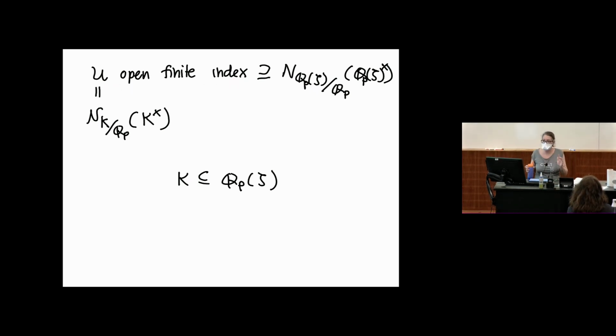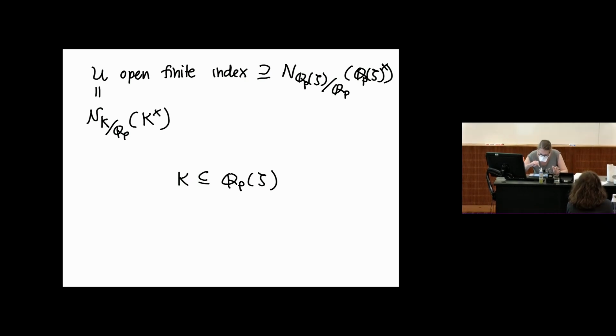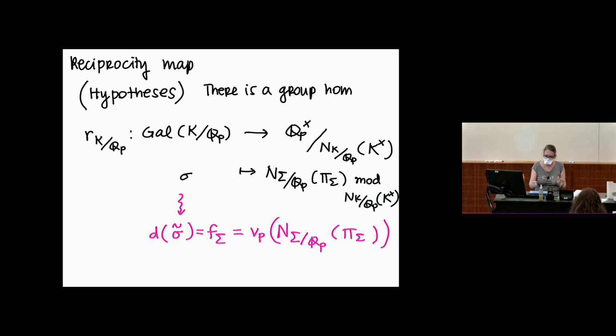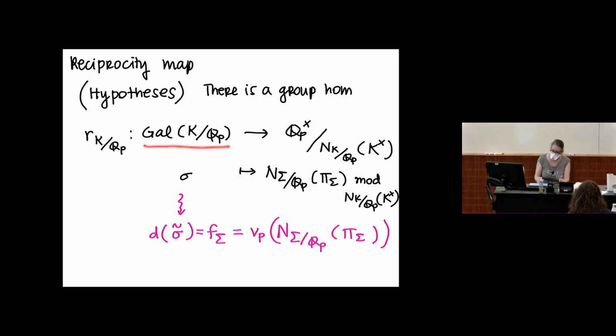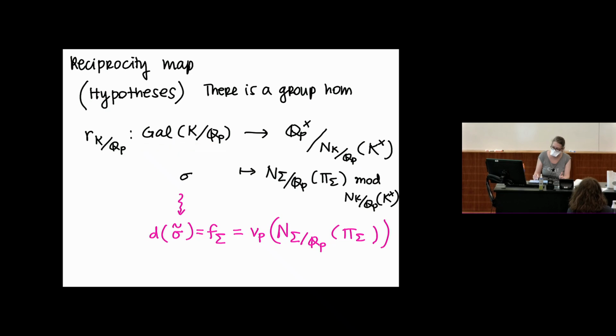So that's how you go, right, from rating my automorphisms, like using the D map, rating your elements of Q_p cross using the valuation, right? That's what we did. And we got a map assigning Galois elements to essentially elements of Q_p cross, I mean, mod these norm groups.